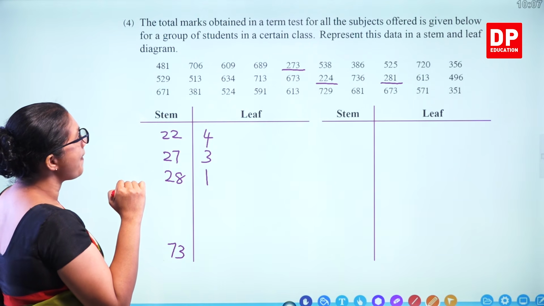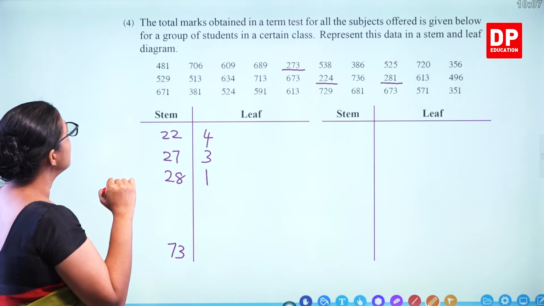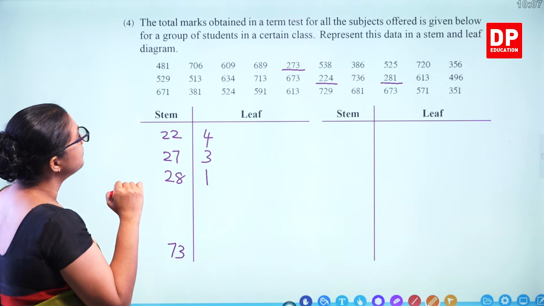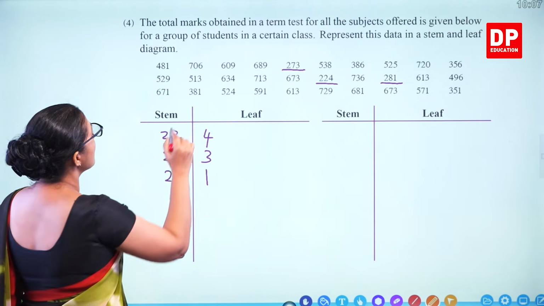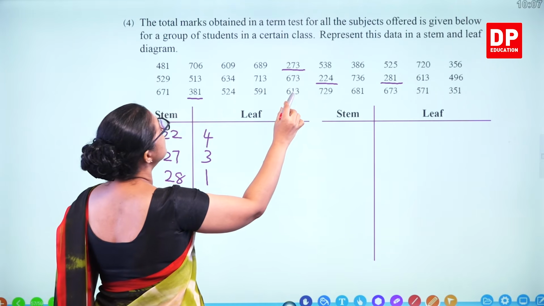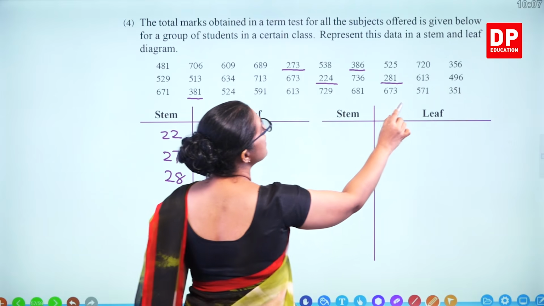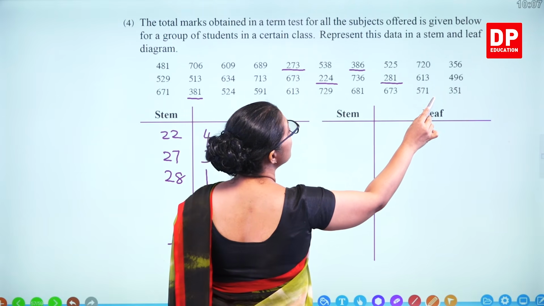What else? Then 30s. You get 38 and 38 and 35 also there.